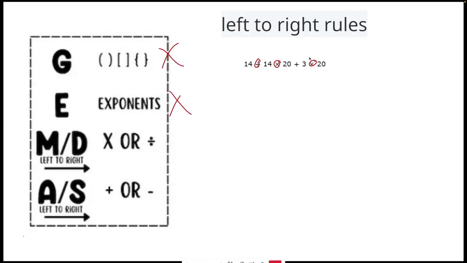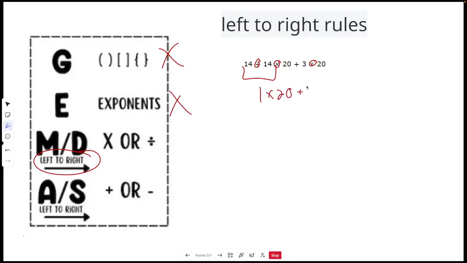Okay, and you might be saying, well, I do the multiplication first because that's the letter and that is the order of GEMDAS. Okay, yes, you're right, but no, you're not right, okay? Because when it comes to multiplication and division, if you have a choice, you need to follow this left to right rule. So I need to do the division first because it's the first thing I see from left to right. 14 divided by 14 is 1.